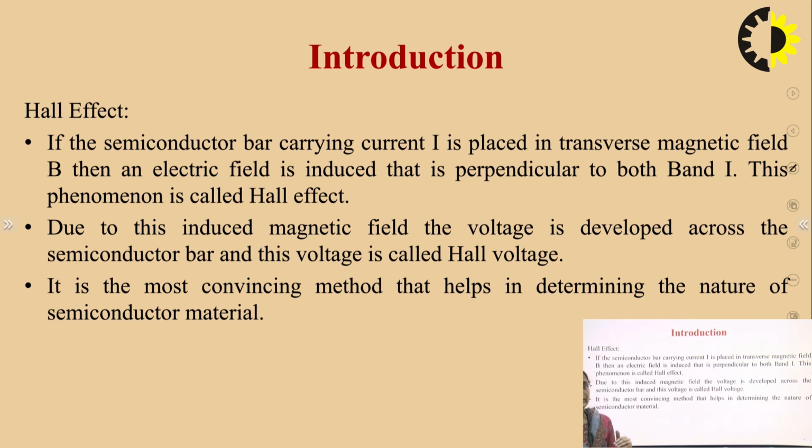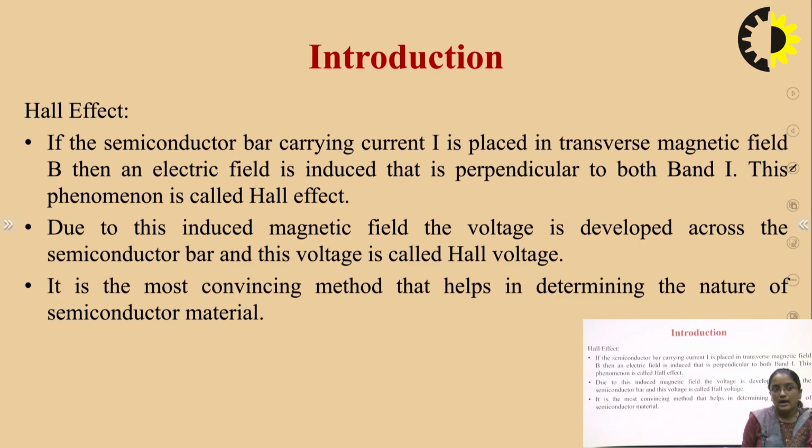If the material is N-type, then the majority charge carriers are the electrons, and if the semiconductor material is of P-type nature, then the majority charge carriers are the holes. So basically, by using this method, we can easily determine the carrier concentration in terms of the number of holes or the number of electrons, whichever be the majority charge carriers.